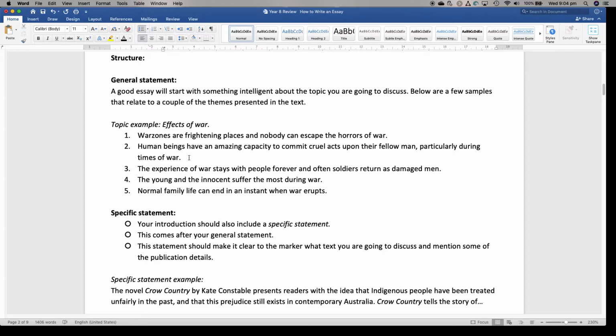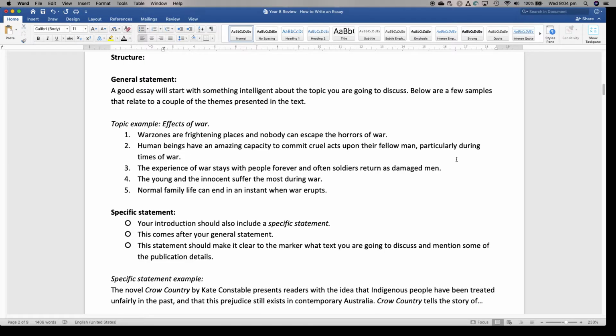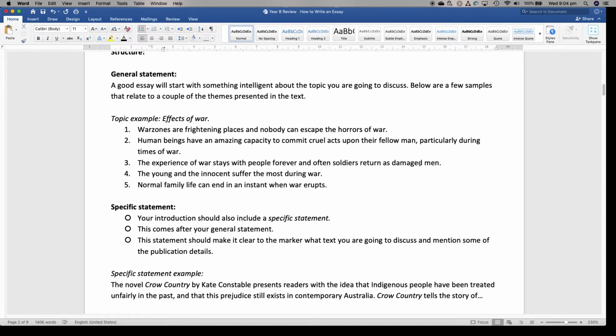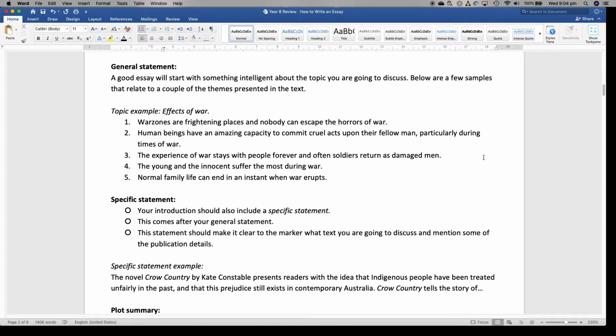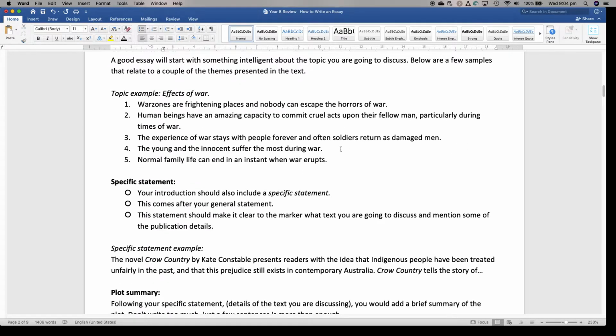You might use something like that for the second question that you're answering if you took out the reference to the times of war. The third example, the experience of war stays with people forever, and often soldiers return as damaged men. Here we can sort of see the results of certain actions, so the results of the experiences of war, but again, we're not talking specifically about the text.